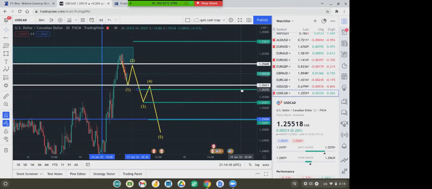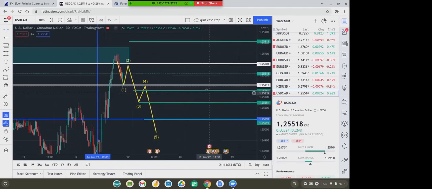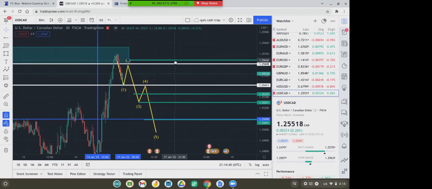I would have moved TP1 down a little bit. Why? Because this is going to be the entry for the sell stop. So I'll move TP1 right here. And then I would move entry. I would move stop loss down more, probably to about right here.